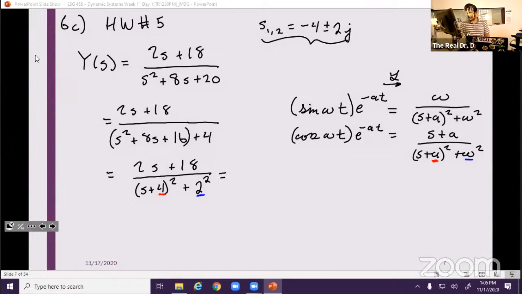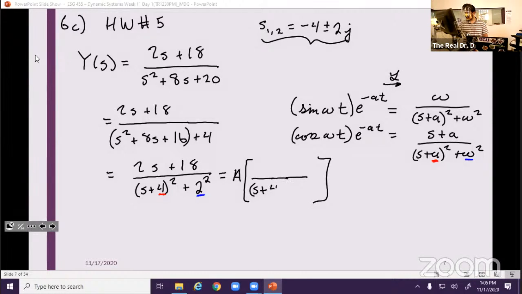What do I mean by that? Well, I know that this is going to break down into some omega over s plus a squared plus omega squared, right? Well, in our system, we know omega, and we know a.